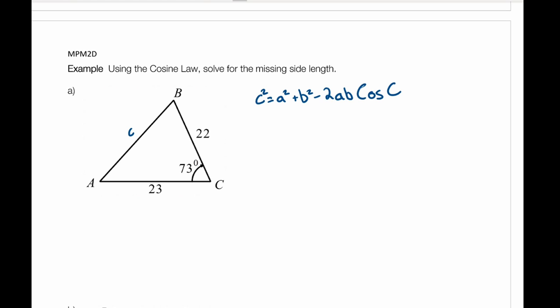However you choose to come up with this equation is up to you. But the key thing is this side that we're looking for has to be paired up with this angle. And then the other two sides are going to be a and b.